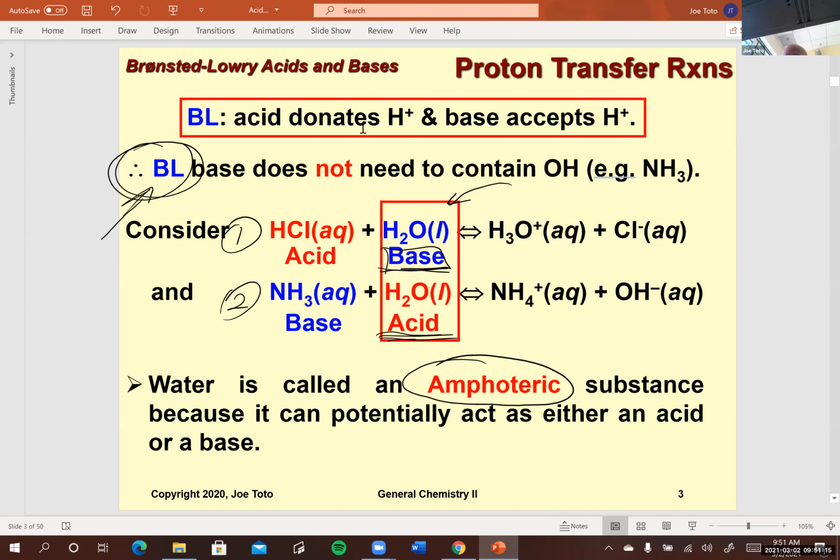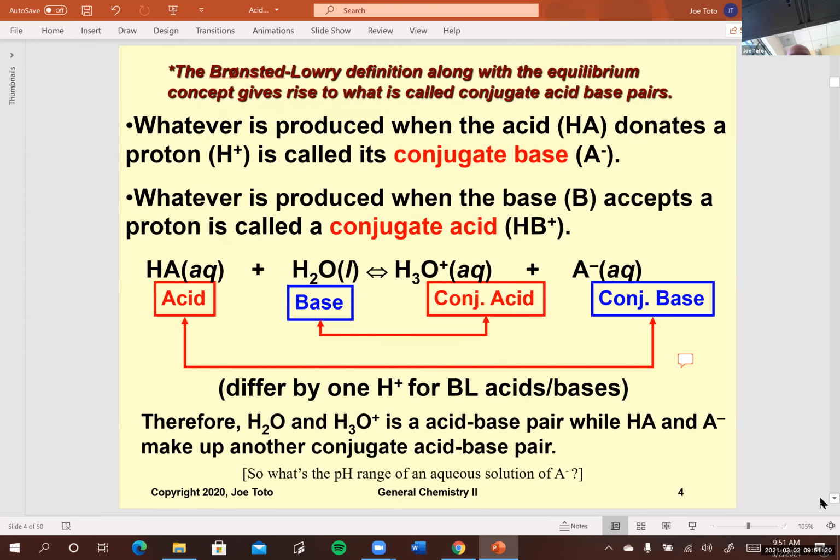All righty, so we're moving right along through some of these initial definitions. Here we have what's called the conjugate acid-base formalism. This also falls out of the analysis of acid-base reactions with equilibrium concepts.